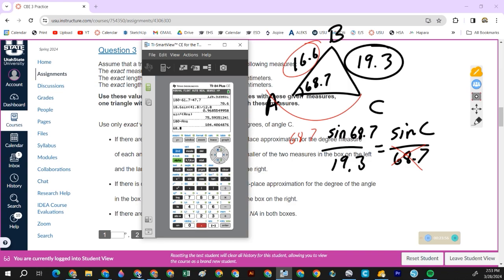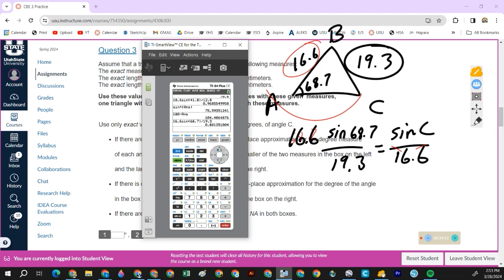So I times this by 16.6. So 16.6 times the sine of 68.7 divided by 19.3.